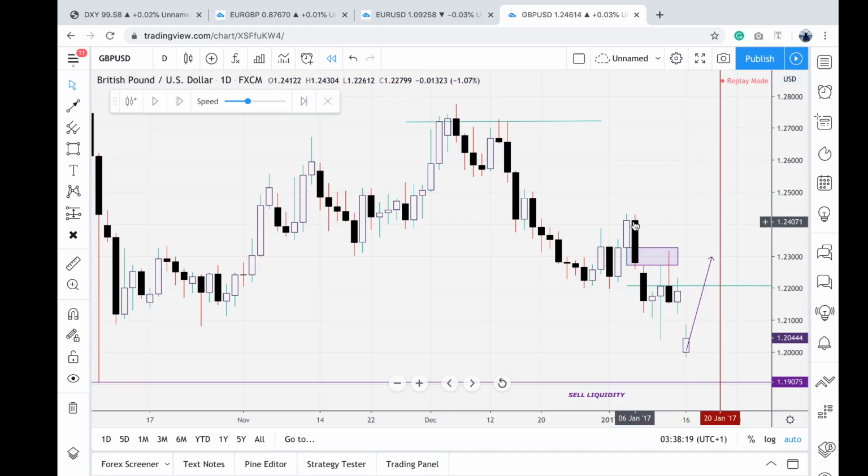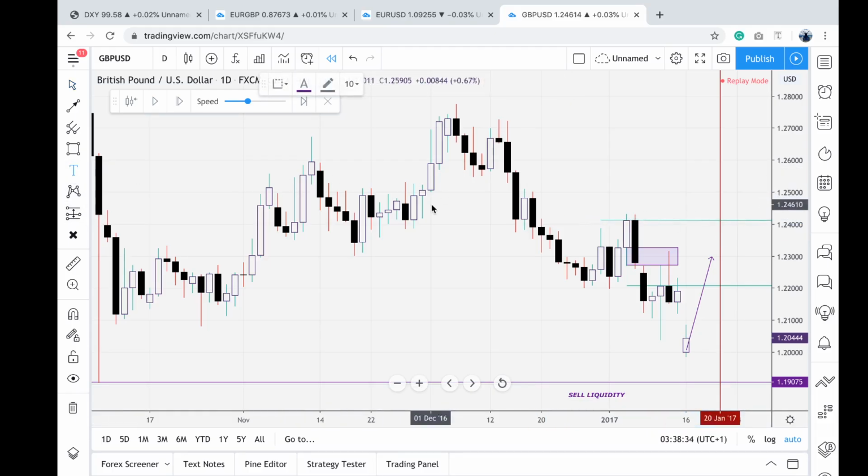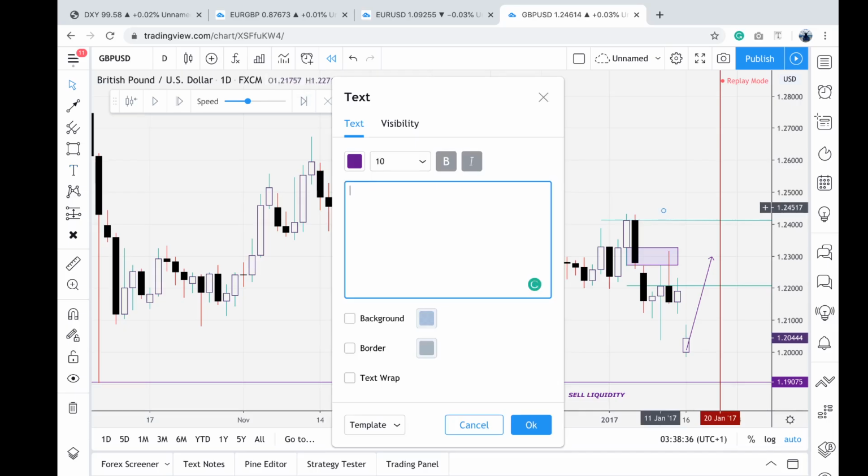The 20-day IPDA high would come off this level. So let's make this straight for you guys. That will be buy liquidity resting around that level. Let's call this buy liquidity.